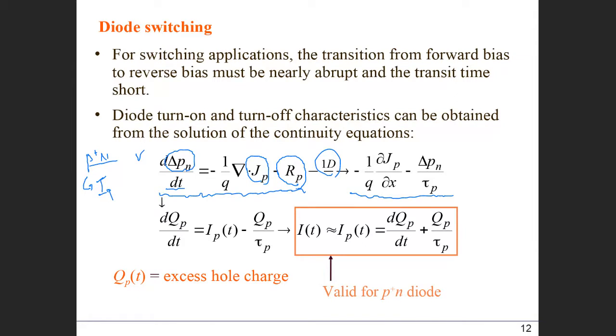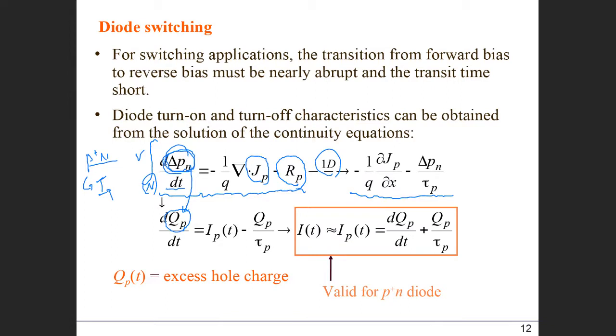Using this equation, now we integrate it in the N side. If we integrate over the N side, the hole concentration change turns into the total charge of the holes in the N side.